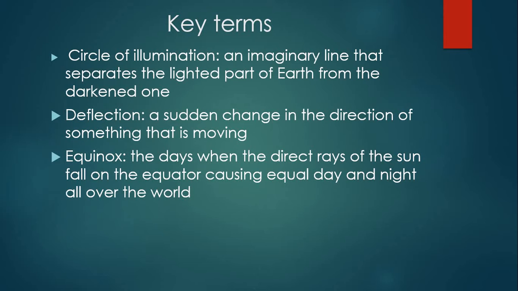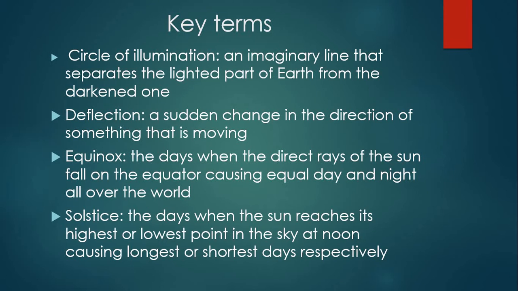Equinox, the days when the direct rays of the sun fall on the equator, causing equal day and night all over the world. Solstice, the day when the sun reaches its highest or lowest point in the sky at noon, causing longest or shortest days respectively.